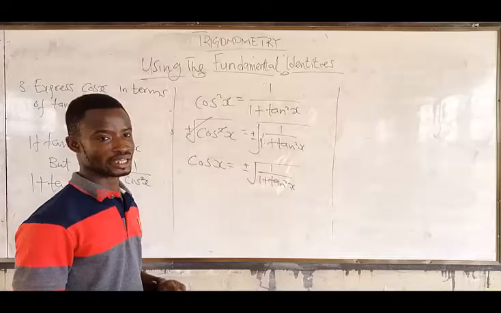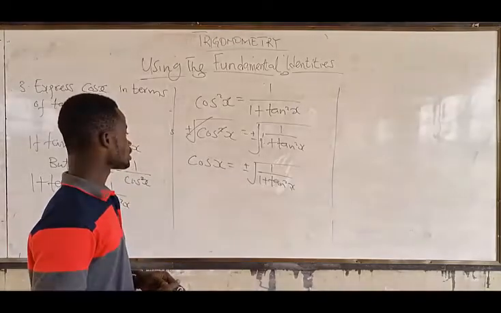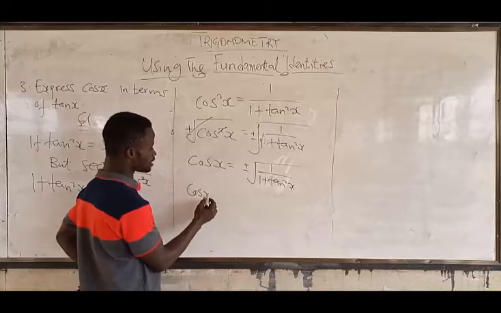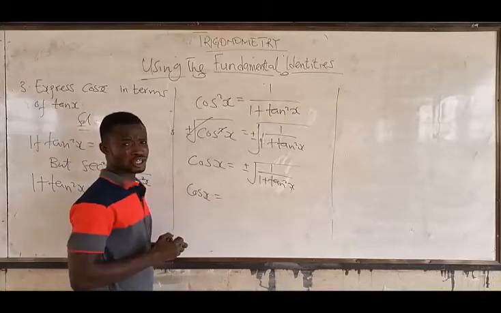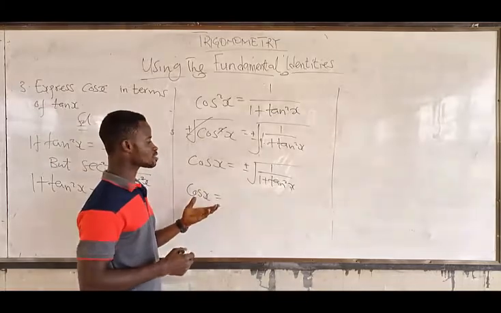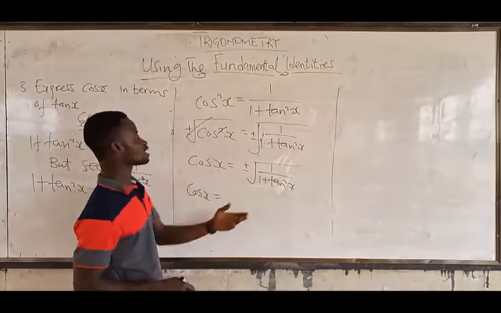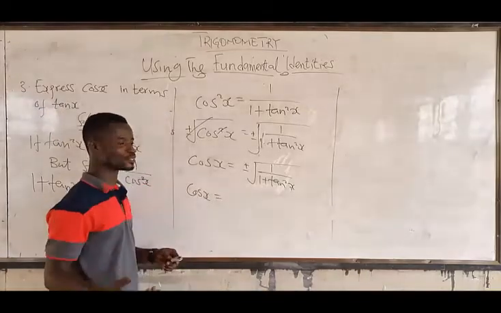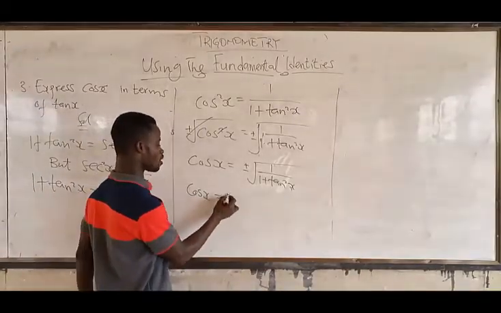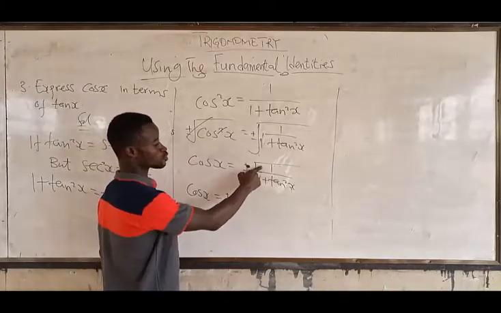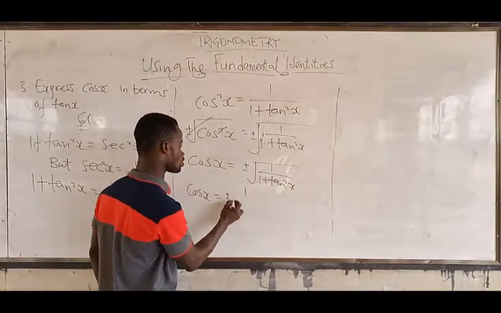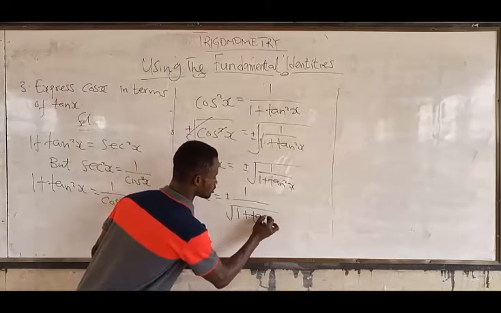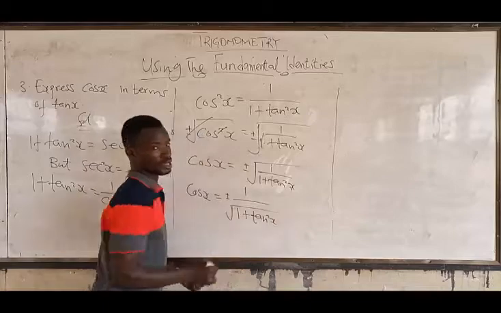What do we have to do again? We know that we can still continue to simplify it. You can also choose to leave it like this because it's in terms of tan. You have to express cos in terms of tan x. But let's apply our algebra a little. We know that the square root of 1 is 1. So 1 over the square root of 1 plus tan square x.